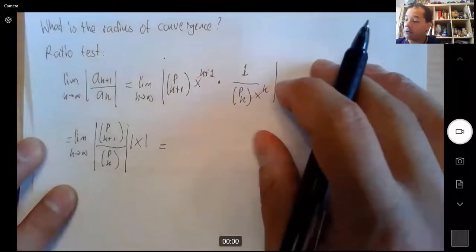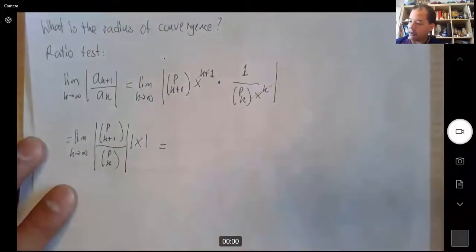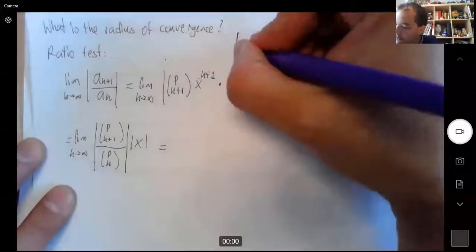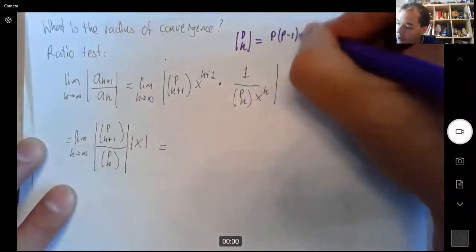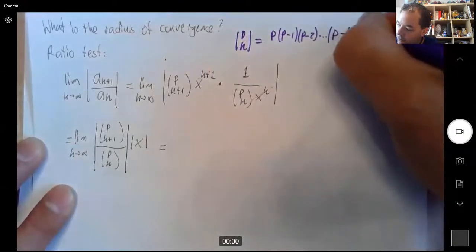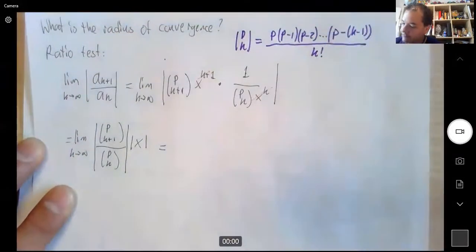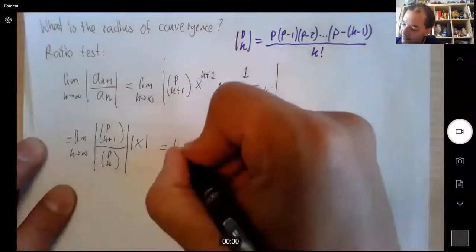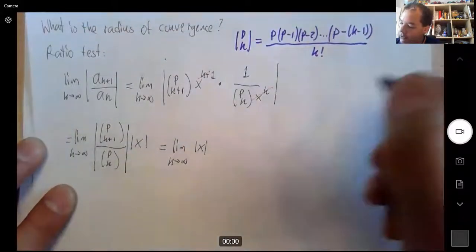So we're going to go back to what these mean, right? Let me write it right here in the corner, a reminder of what these coefficients are. So p choose k is equal to p, p minus 1, p minus 2, continue all the way to p minus (k minus 1), over k factorial. All right, so let's do it here. It's the x that I'm going to put first because we don't care too much about it.